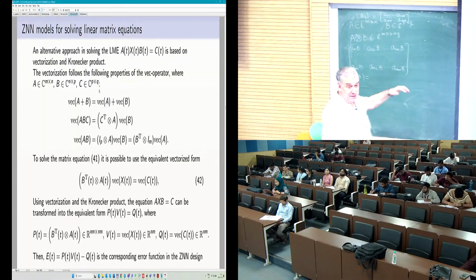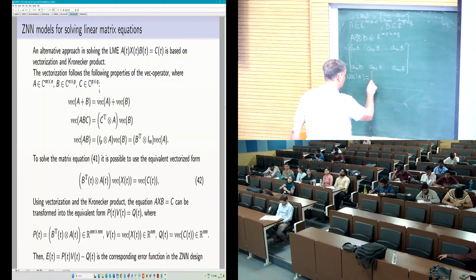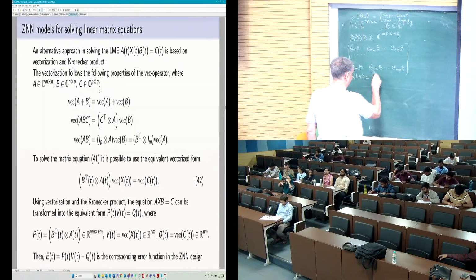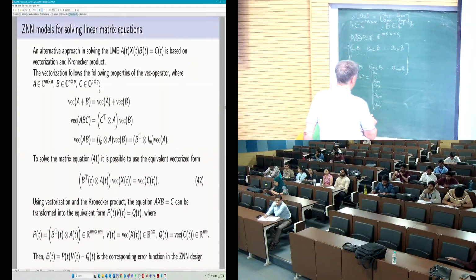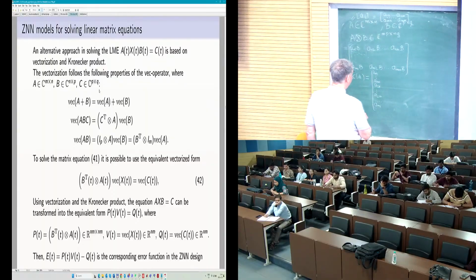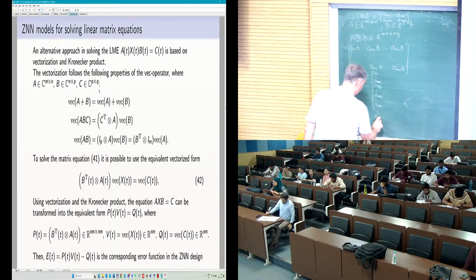This vector is obtained by stacking column by column into one big column vector, and so on till the last column, which will be A1n to Amn.